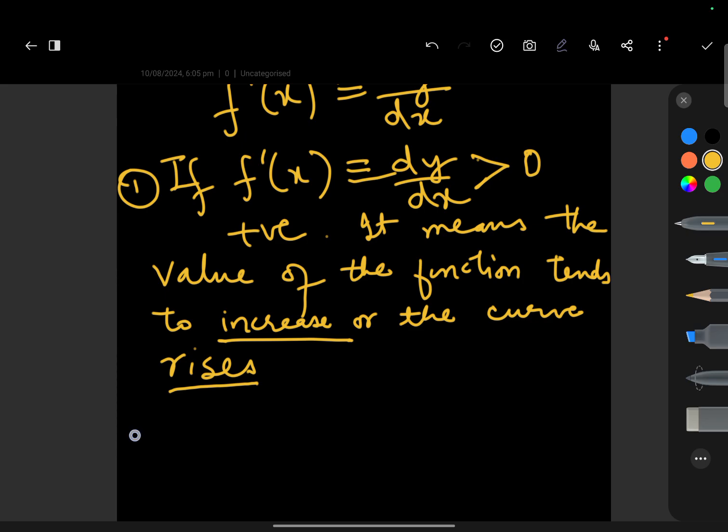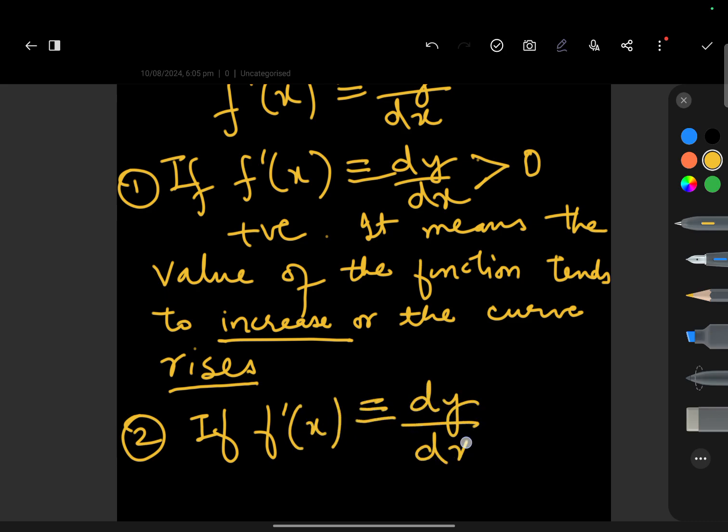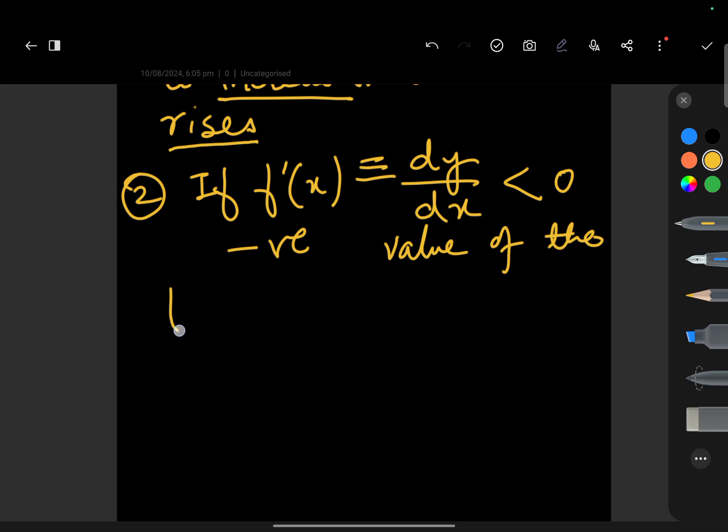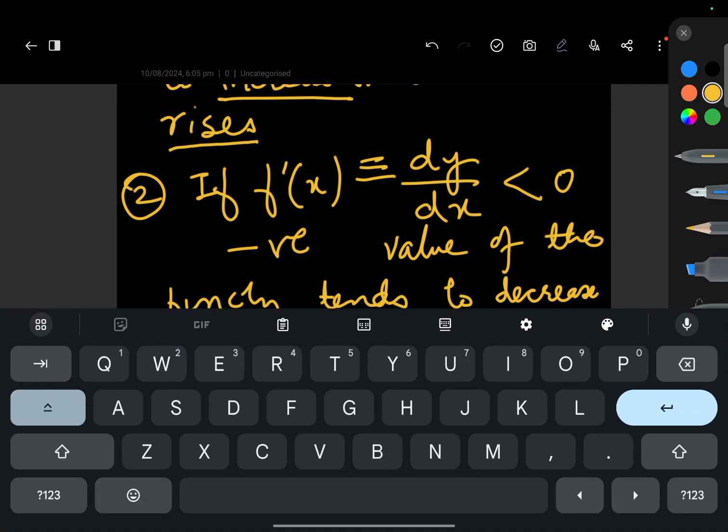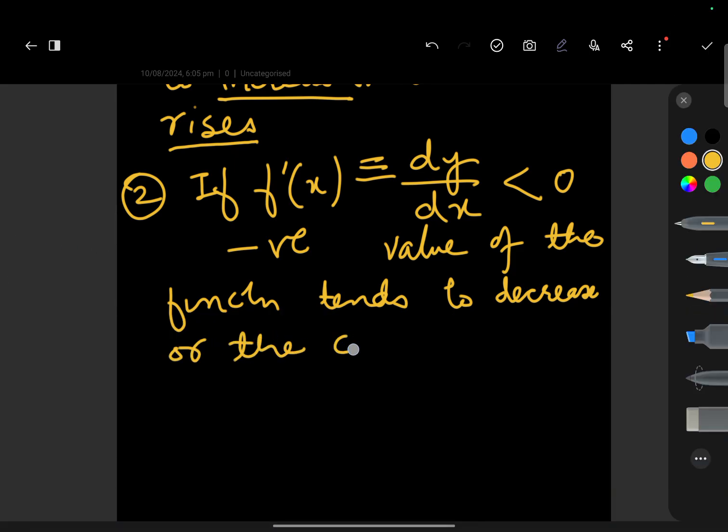And the second property is if f prime x is equal to dy upon dx is less than 0, it means the derivative is negative, and the value of the function tends to decrease, or the curve falls.